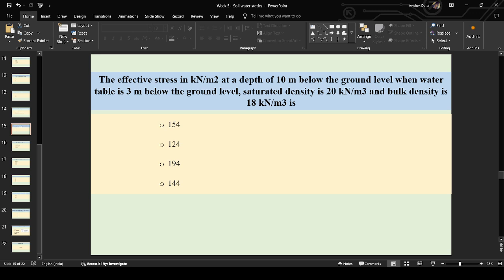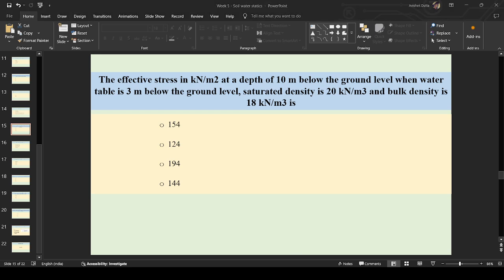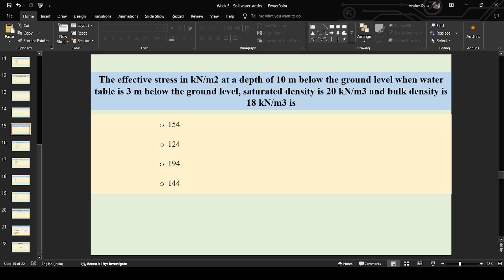The effective stress in kilonewton per meter square at a depth of 10 meter below the ground level when water table is 3 meter below the ground level, saturated density is 20 kilonewton per meter cube and bulk density is 18 kilonewton per meter cube is, the options are 154, 124, 194 or 144, all in kilonewton per meter square.